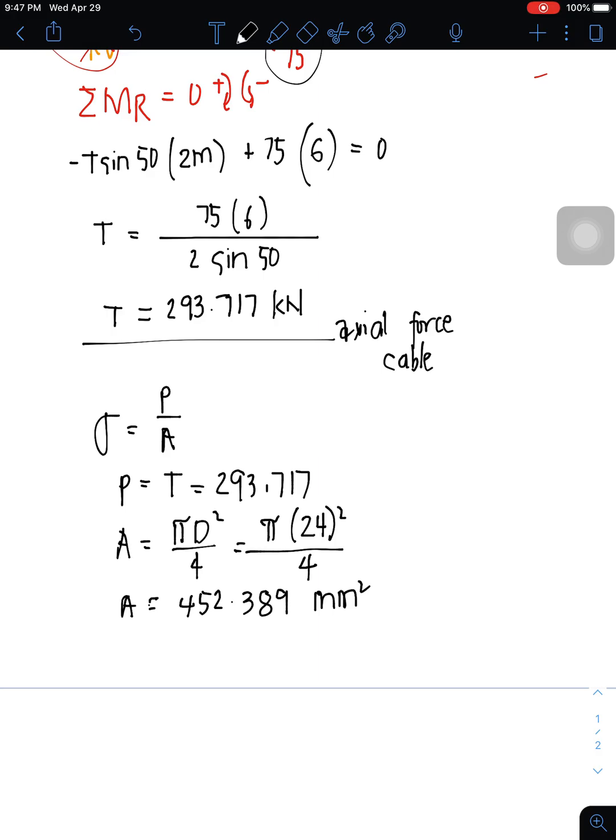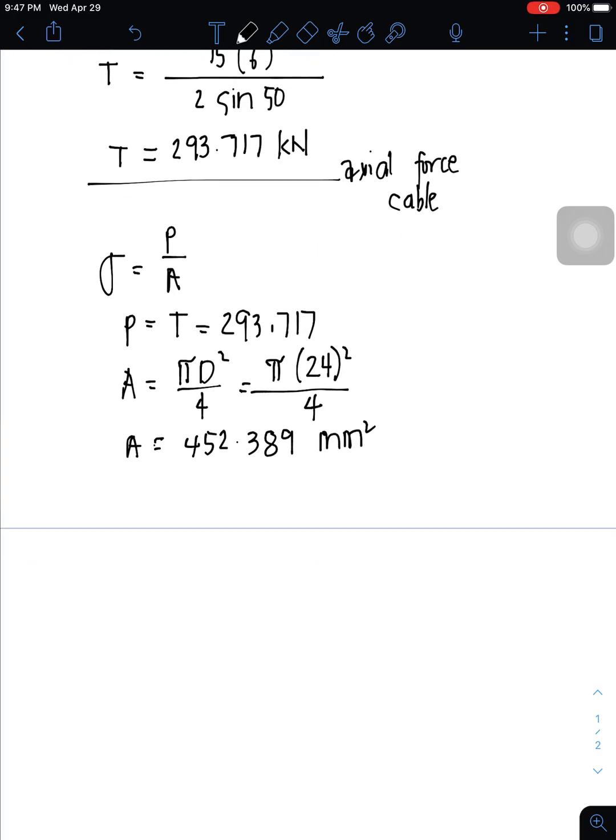Now that we have the area, we can solve for the stress. The stress is 293.717 over 452.389.